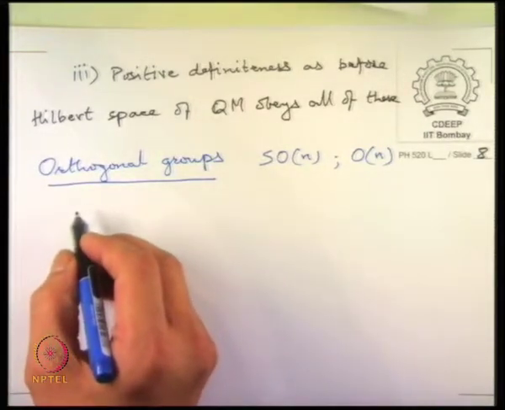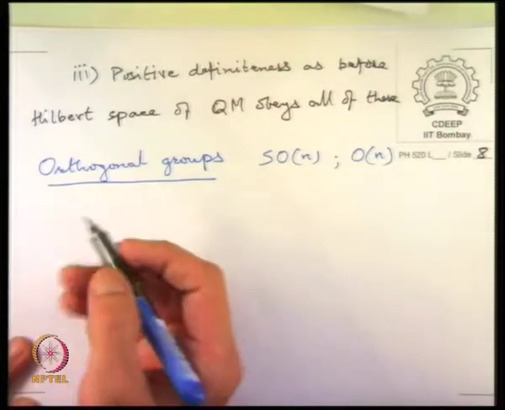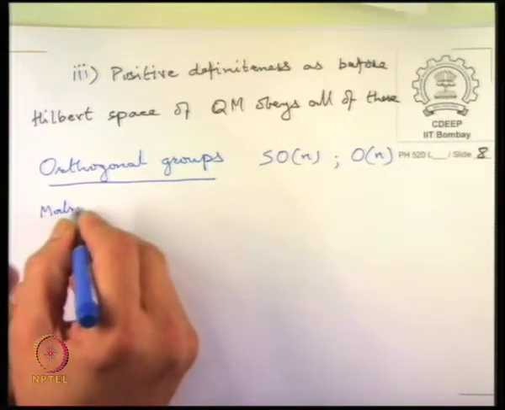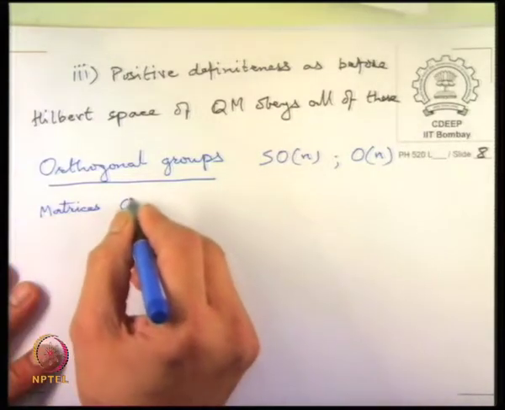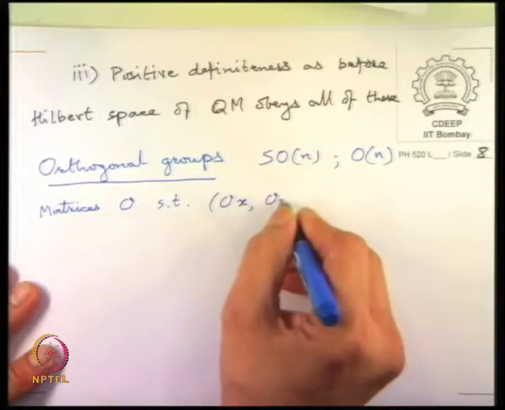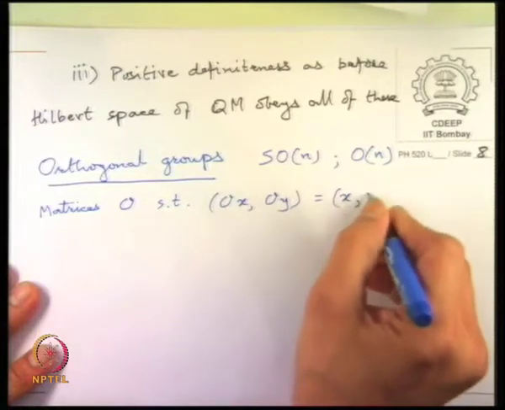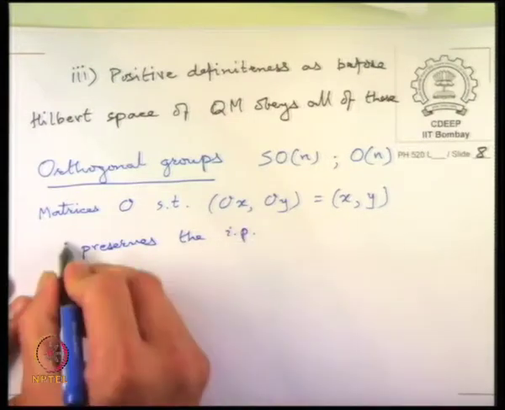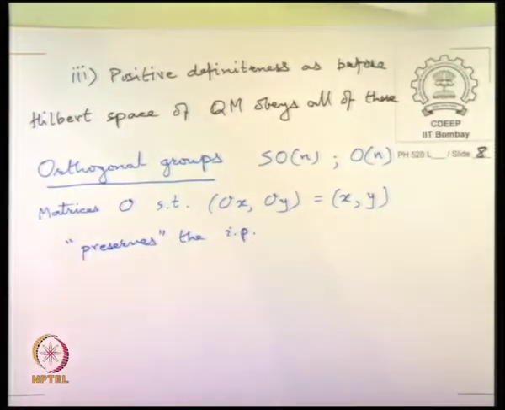Essentially what we say is that the matrix O is such that <Ox, Oy> remains the same as <x, y>. The inner product is preserved by multiplication of all vectors by O. So it preserves this inner product, or we call it the invariance group.